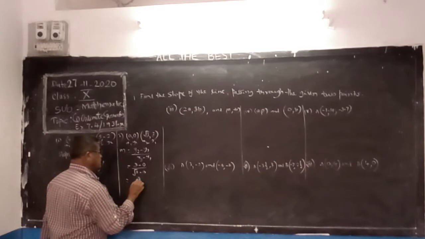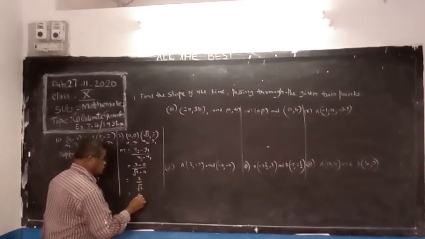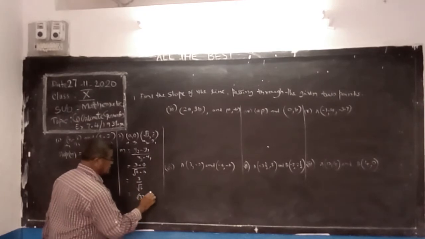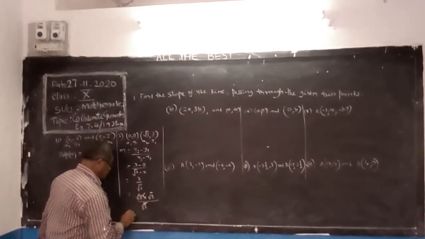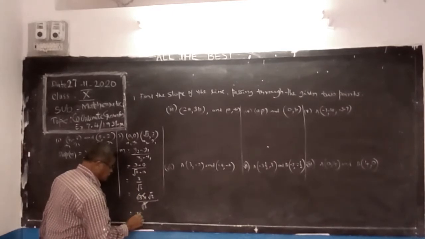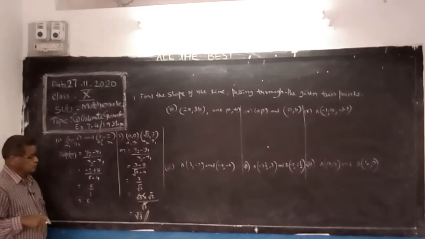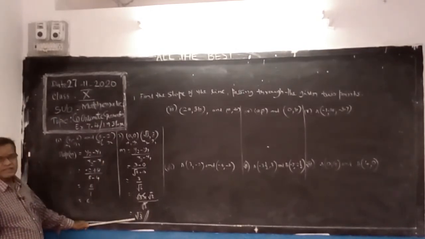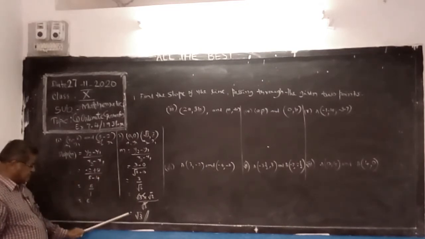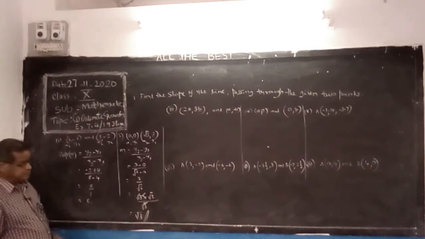That is 3 by root 3. This can be written as root 3 into root 3 by root 3, cancel. So we get the answer root 3. Slope is root 3. If he asks the angle, it is tan 60 degrees, we learn in trigonometry later.